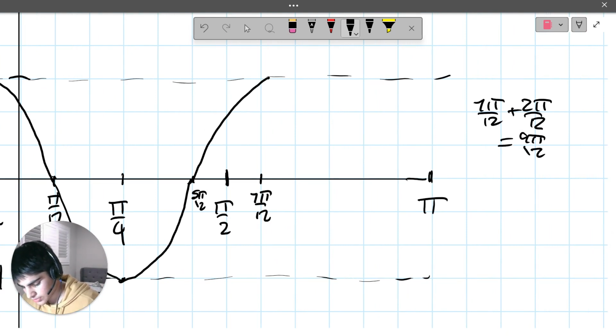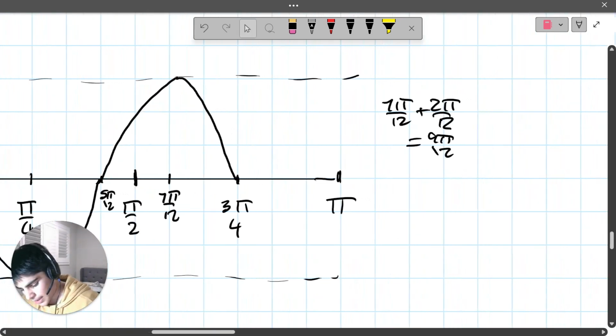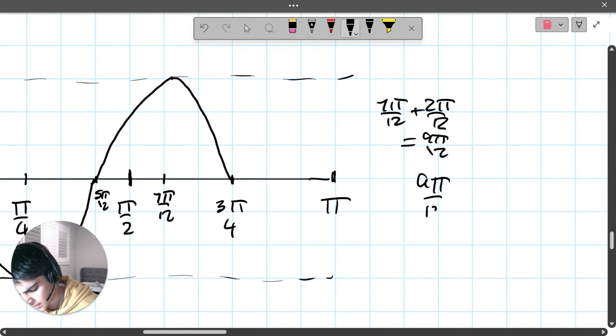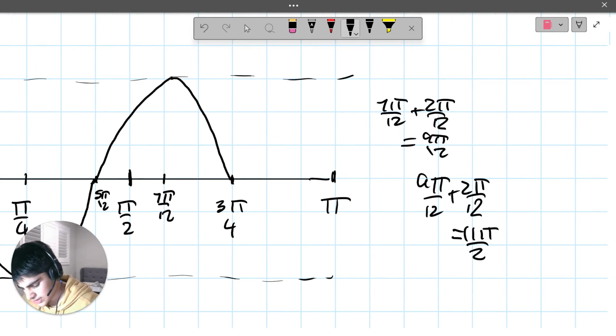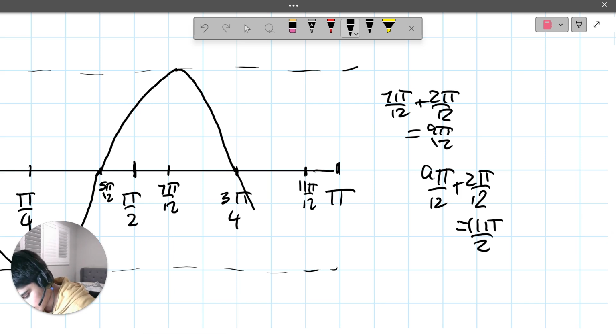This is equivalent to 3 pi on 4 right here. 9 pi on 12 plus 2 pi on 12 is 11 pi on 12. Let's dot this down here. 11 pi on 12 is around here.